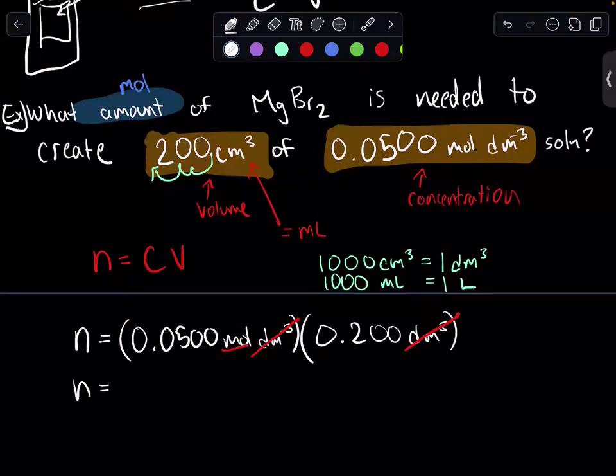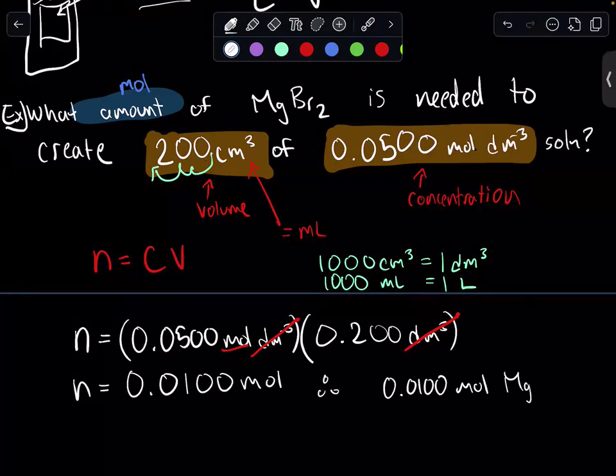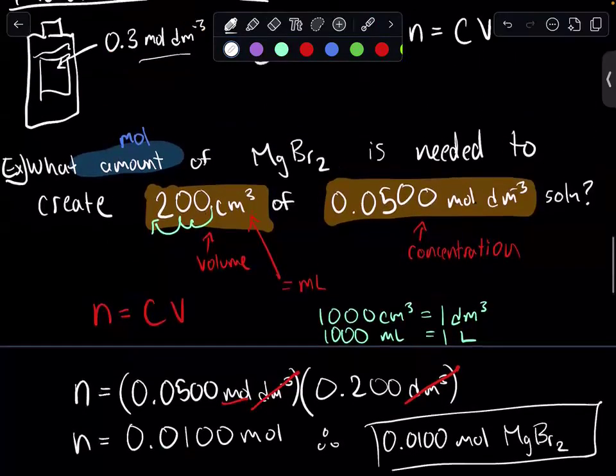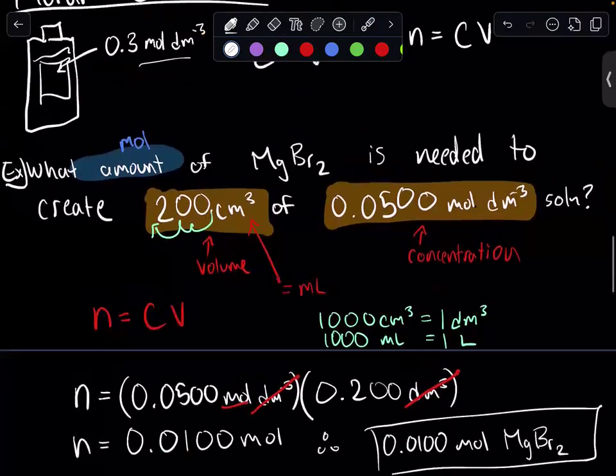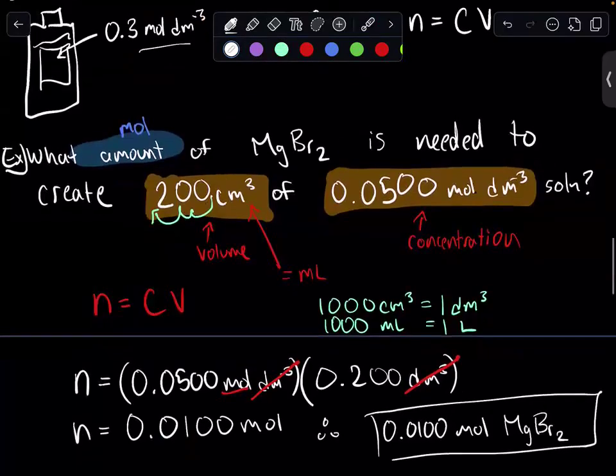When I plug this into my calculator, this is 0.0100 moles. Therefore, I can say I need 0.0100 moles of magnesium bromide. And there you go. You have solved a molarity problem, or a concentration problem, for your solution.